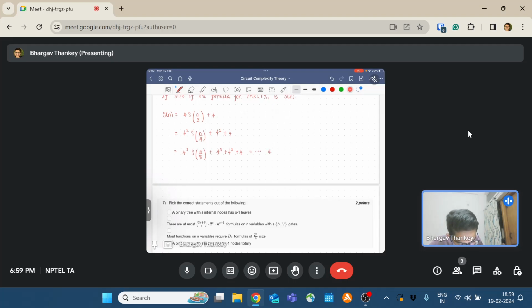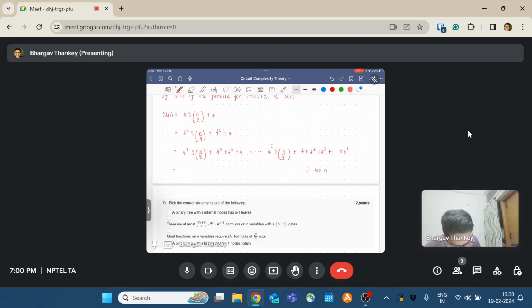So this would be 4 to the i times n over 2 to the i, plus 4 plus 4 squared plus 4 cubed up to 4 to the i, right? And we would be done when i equals log n, right?